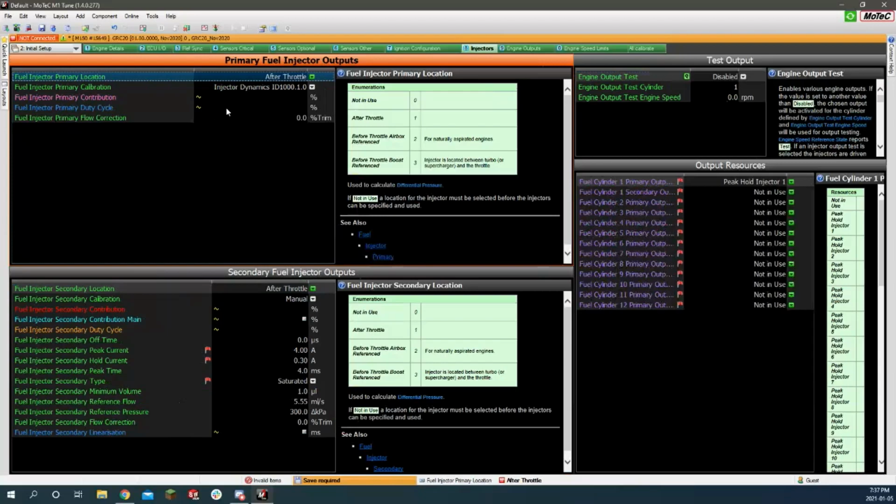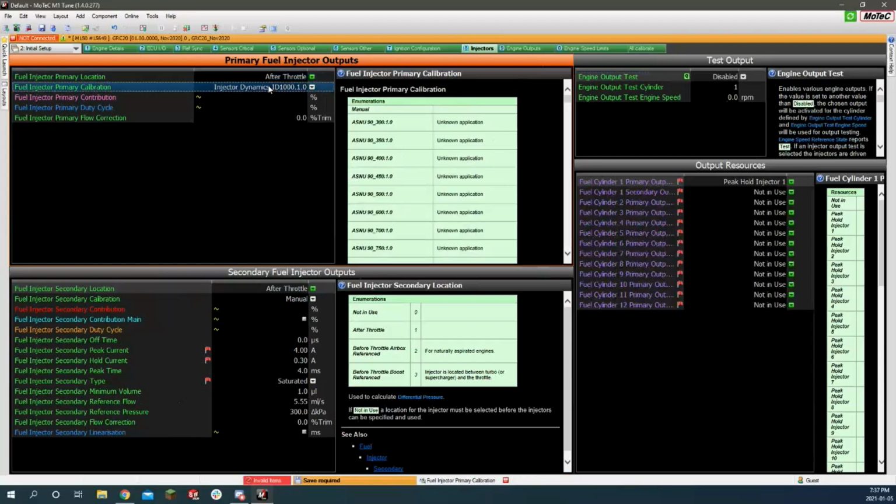The injectors. This is really critical because by knowing what type of injector you have, the ECU can figure out how long it needs to power that injector to get however much fuel it wants into the engine. Most of the things you set up in the ECU tell it how much air is going into the engine right now.